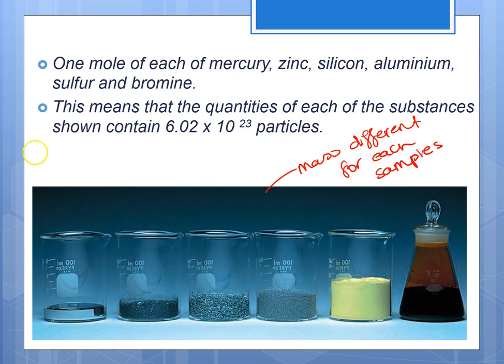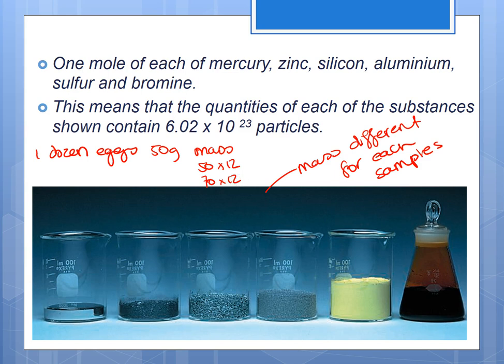Okay, if I had 1 dozen eggs, say, that weighed 50 grams each, then the mass of that total dozen would be 50 times 12, okay? But if my eggs weighed 70 grams each, it would now be 70 times 12.